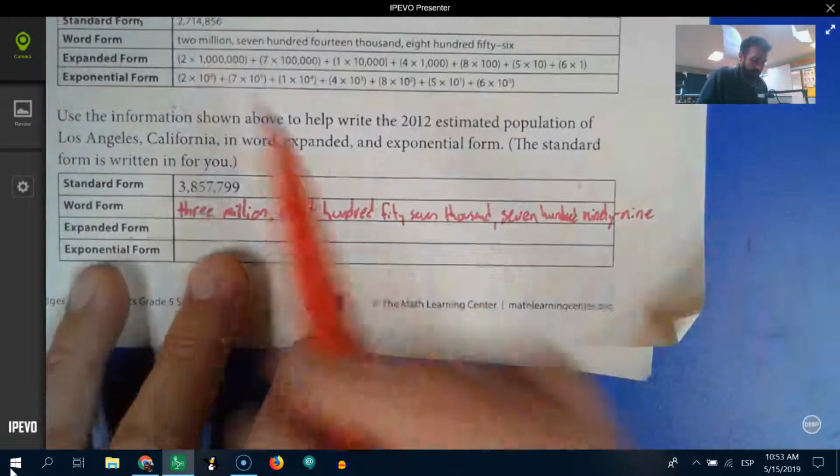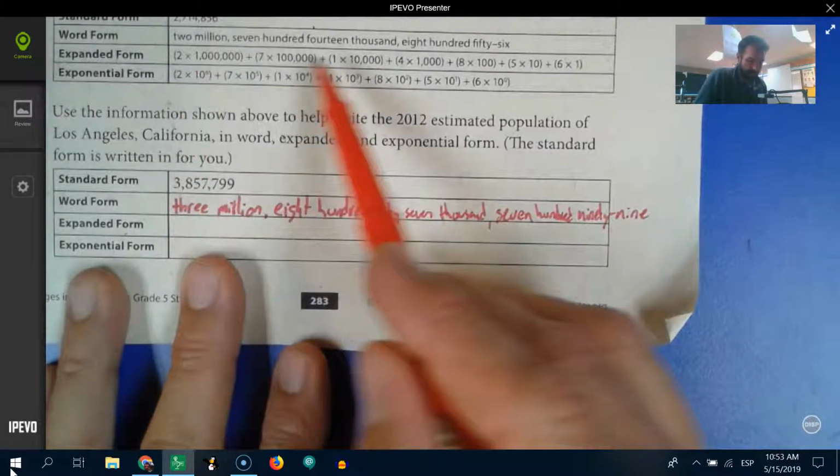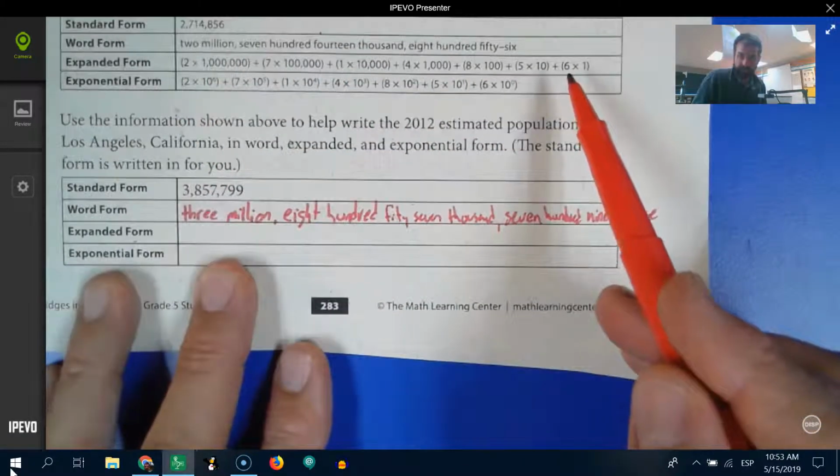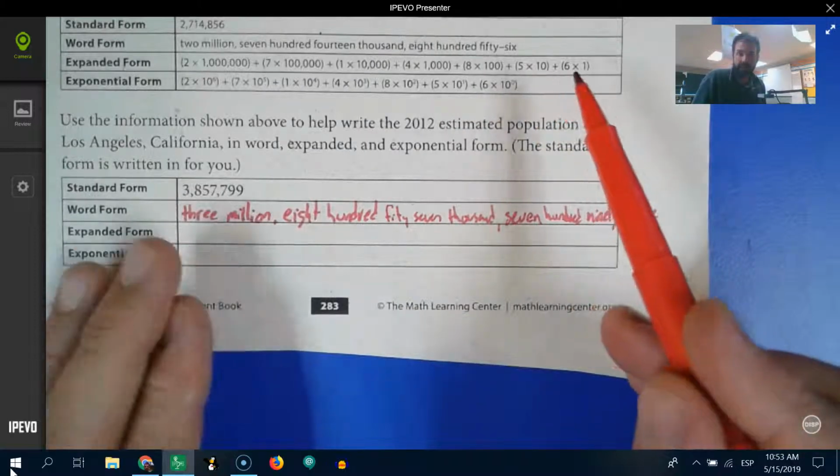Okay? Expanded form, so that's taking each digit and multiplying it by the factor of 10 that it is for the place value.